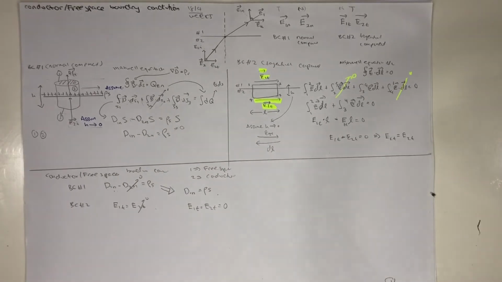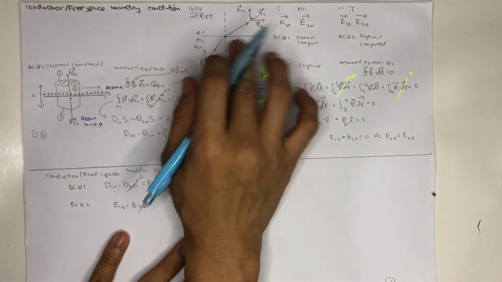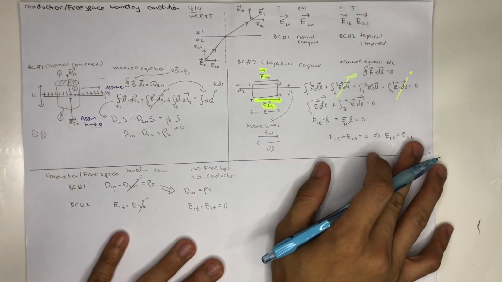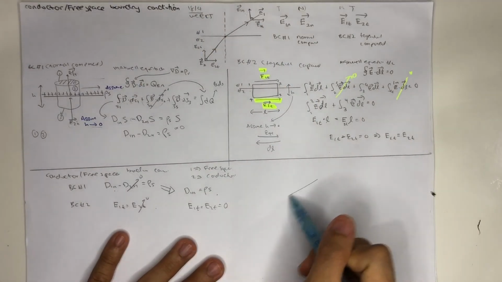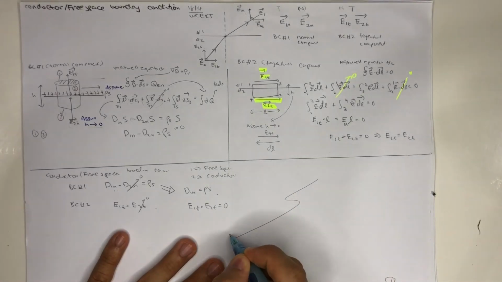Now let's say the real boundary doesn't have a flat surface. So you make an example like this as your boundary, and maybe this is your boundary 1 and this is your boundary 2.